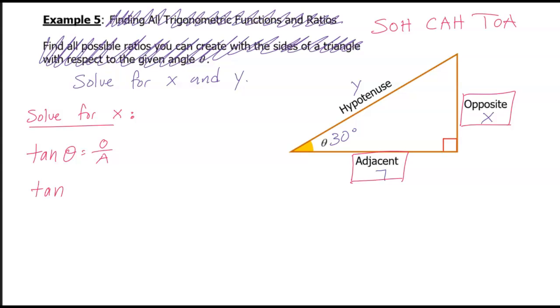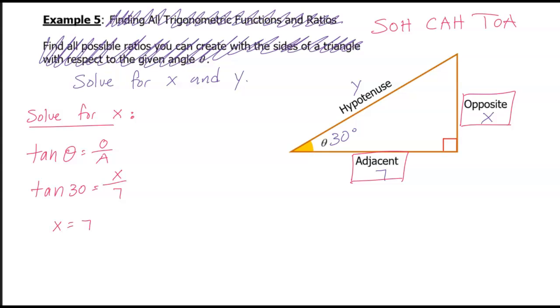How big is our angle in this problem? 30. What's our opposite side? X. And what's our adjacent side? 7. How would I go about solving for x? Right. What do we do to get x by itself? Multiply each side by 7.